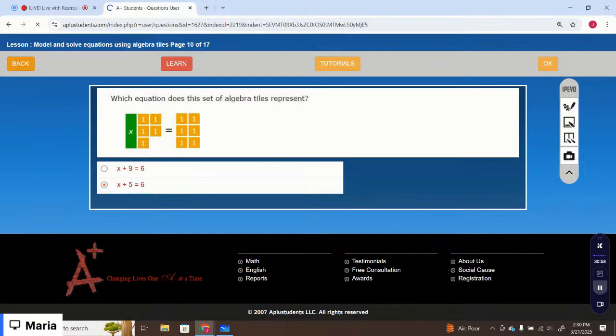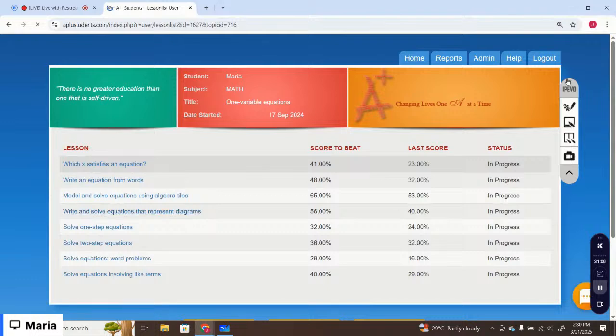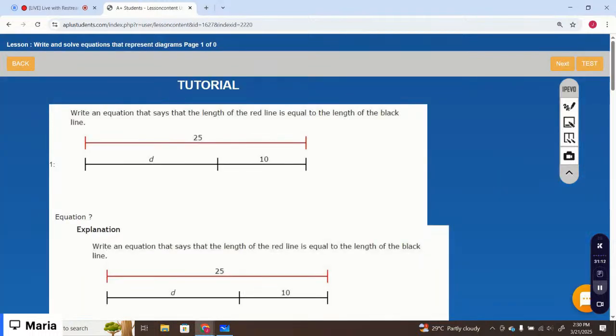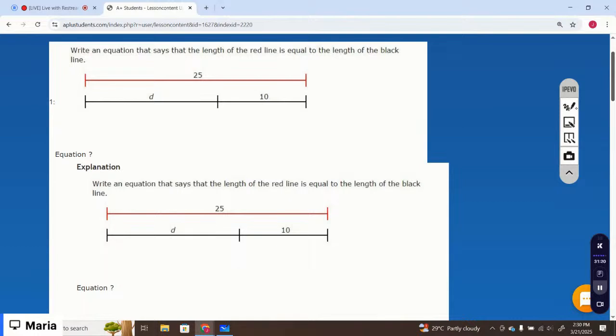Okay, you can complete the lesson by yourself later today. Let me just move on to the next lesson. Write and solve equations that represent diagrams. Write an equation that says the length of the red tile is equal to the length of the black tile.